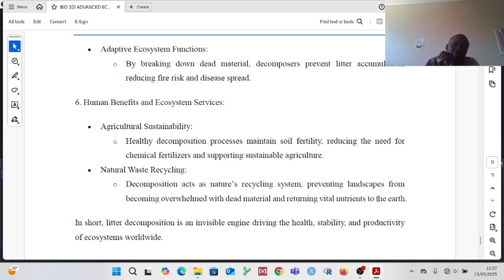Then with the ecosystem services, by virtue of the natural waste recycling, okay, you end up creating a way in which nature can recycle itself. And by nature recycling itself, landscapes will be prevented from becoming overwhelmed with the dead material. If plants that died are not decomposed, then one, we will not be able to recycle the nutrients that they have.